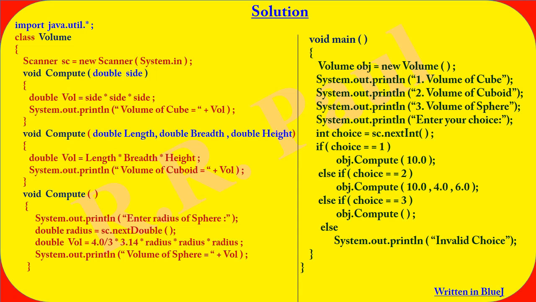So if the choice is 1, then one function is being called. If the choice is 2, then another one. If the choice is 3, then another one. And if any choice other than 1, 2, 3 is entered by the user, then there is a provision for that also in this program, that is the else part, print invalid choice. So once again read the question and then check the solution.